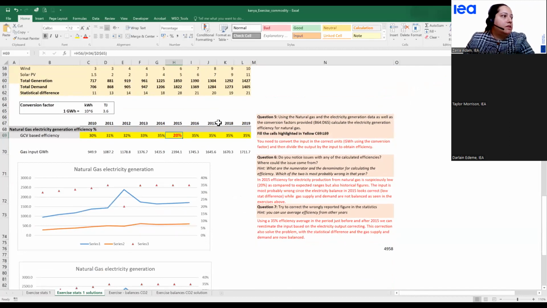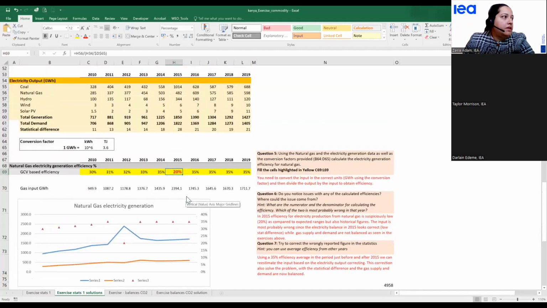So yes, because the range has been between 30 and 35, but in 2015, you get 20%, which is very low. Again, you can see that it's arising from your natural gas statistical difference, which was high. So suspiciously low. So what can be wrong here?